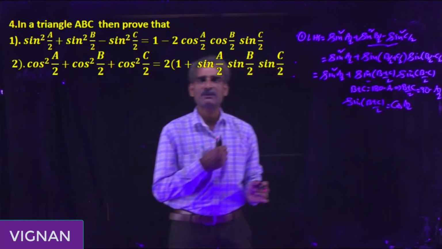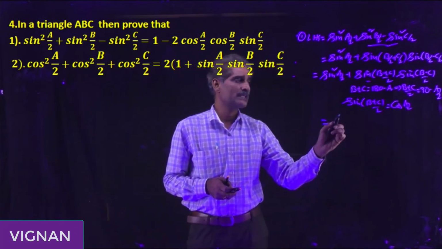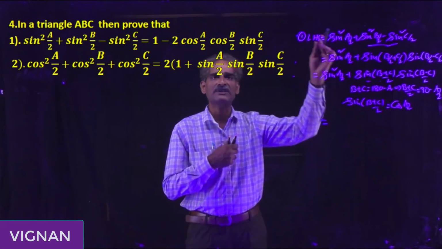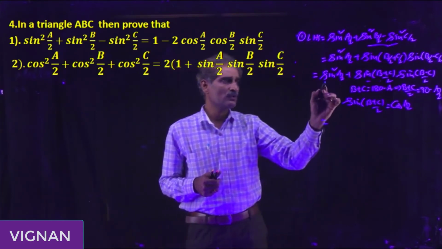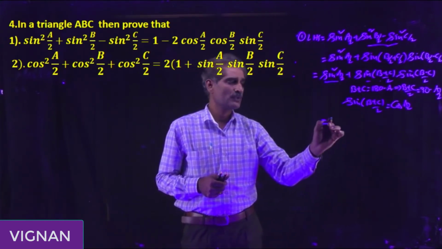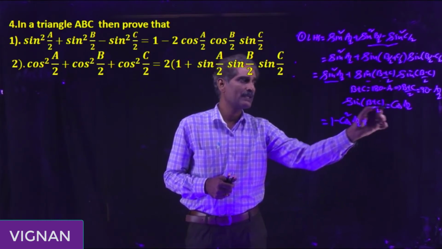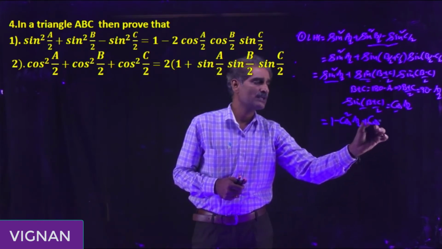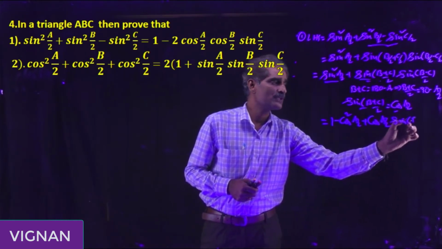Just replace sine (B plus C) by 2 by cos A by 2. Then in the right side part also we have the cos A by 2 function. So now change this function into 1 minus cos square A by 2 plus, replacing this by cos A by 2, cos A by 2 into sine of (B minus C) by 2.